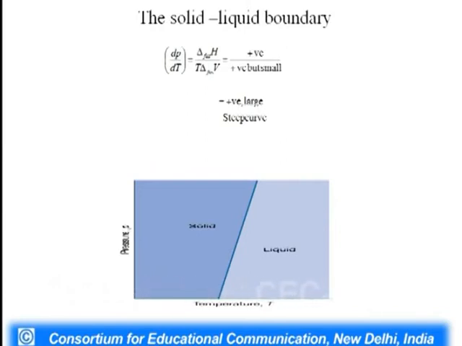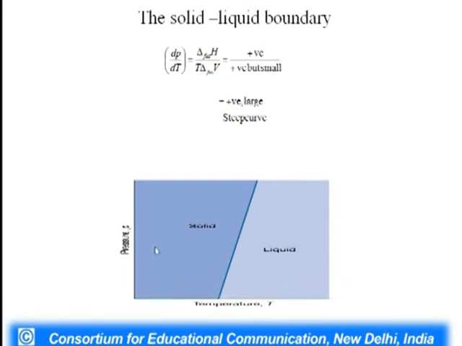I need to supply heat, and so delta H is positive. What about delta V? We are going from solid to liquid. You must remember that for solid to liquid, delta V will be positive, though small. So, positive divided by positive is a positive quantity.